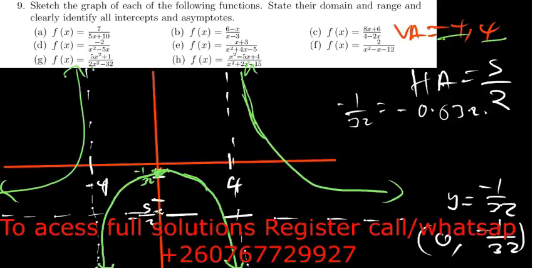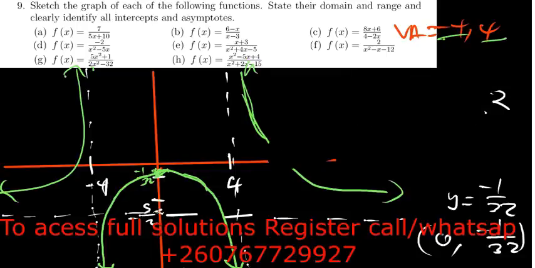We divided the coefficients, which was 5 over 2. Yes, so that is how our graph is going to be like. It has been reflected to that other side, and again that other one has been reflected there. Okay, now let's do the last part.